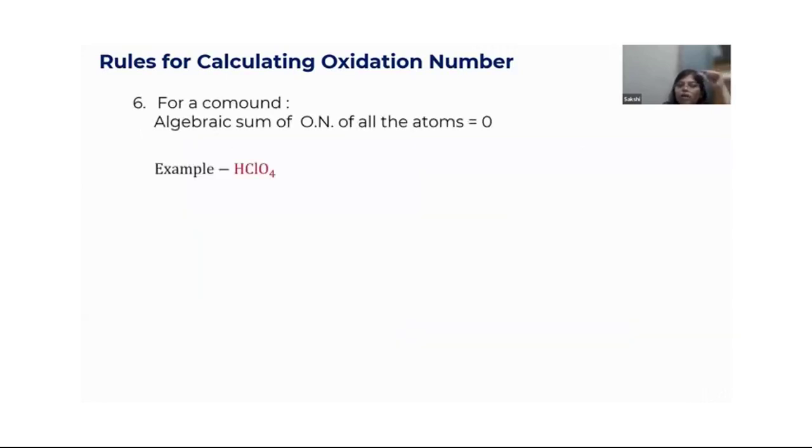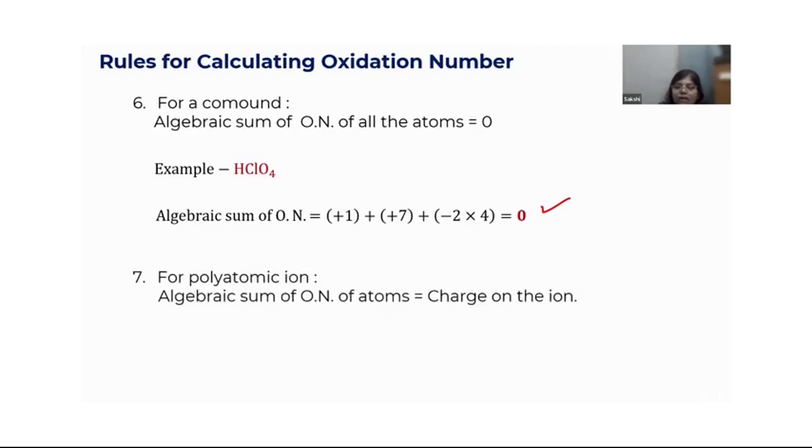Okay. So for a compound, the algebraic sum of all the oxidation numbers is equal to 0. So you can even check it here. It is coming out to be 0, right? So this is how you can check if your oxidation number is correct or not. For a polyatomic ion, the algebraic sum of the oxidation numbers is equal to the charge. Let us understand. We have CO3 2-. Suppose we ask what the charge on the carbon atom is.